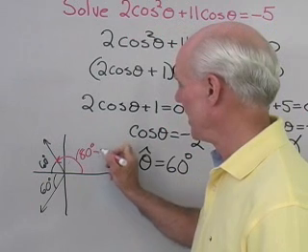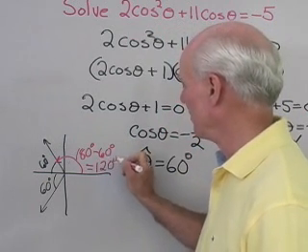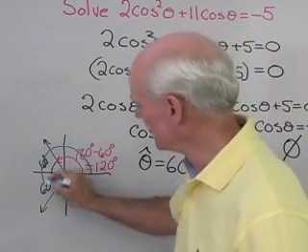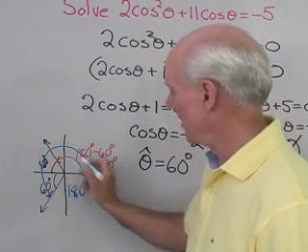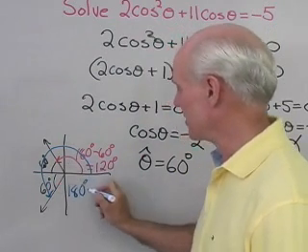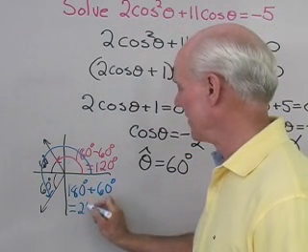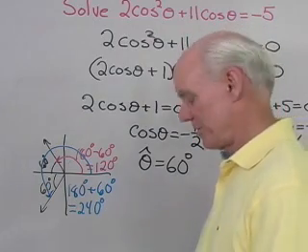So 180 minus 60, which is going to be 120 degrees. And then I get the second angle, which will be 180 degrees, right, over to there plus 60 degrees. And so that's going to come out to be what? 240 degrees. Okay, so I get 240 degrees there.